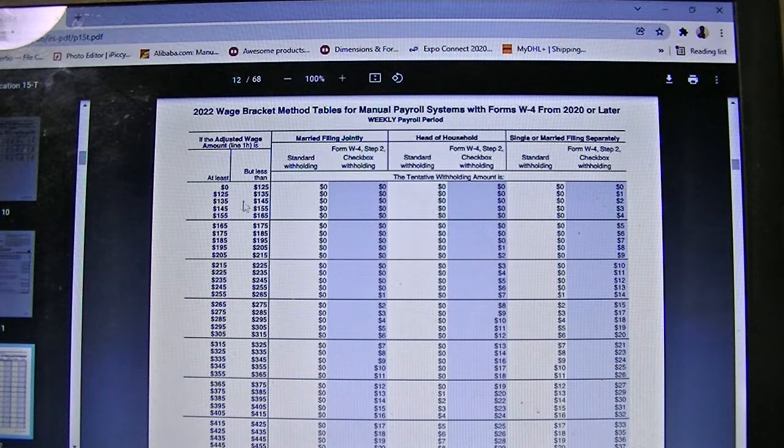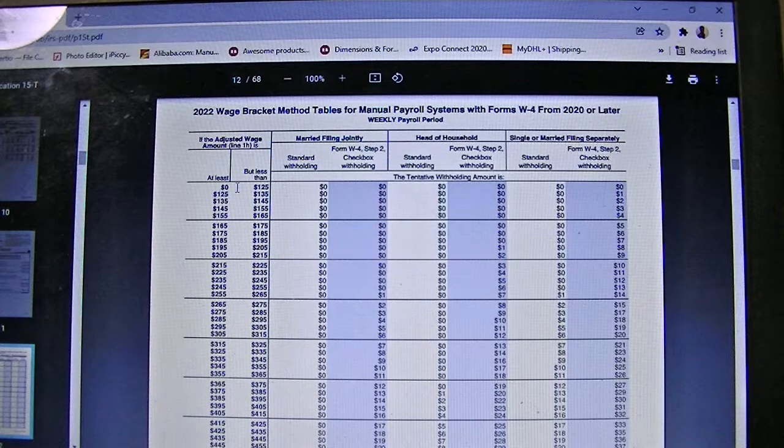So you will find where the salary falls, at least but less than. So $100, for instance, will be at least $0 but less than $125. So $100 will fall under the first row.